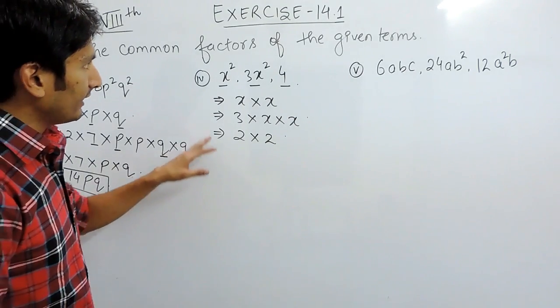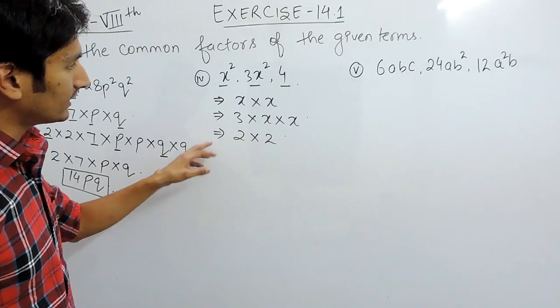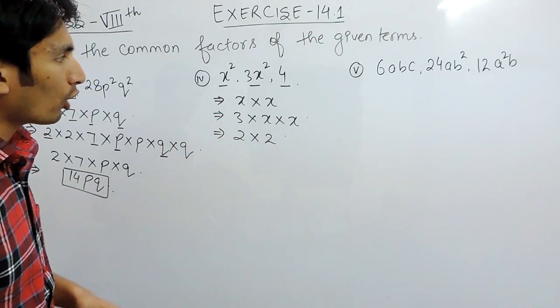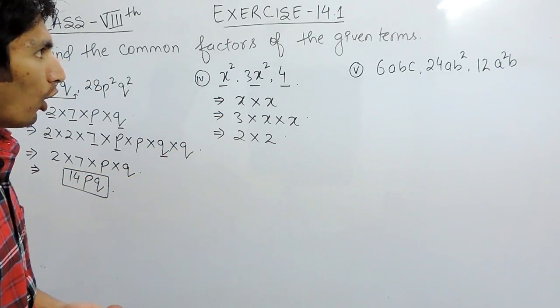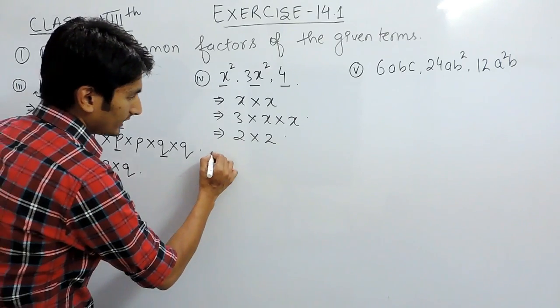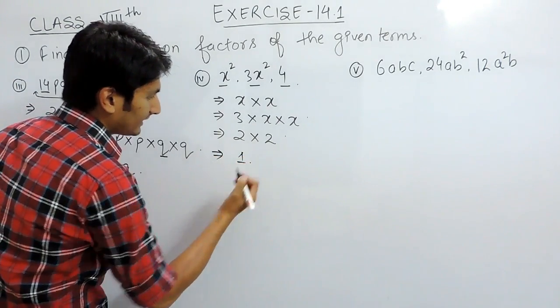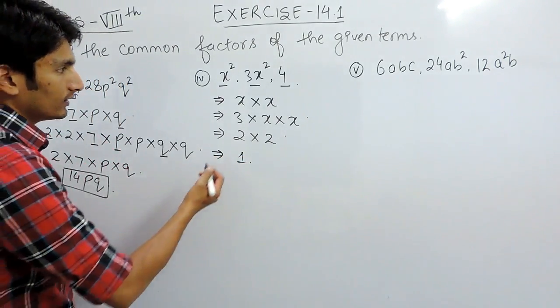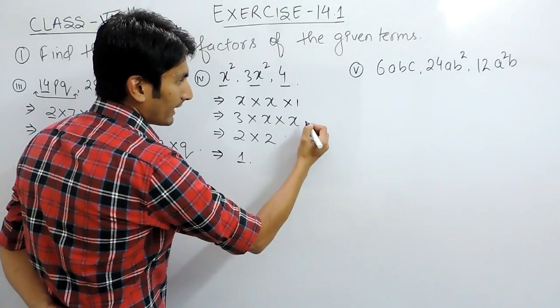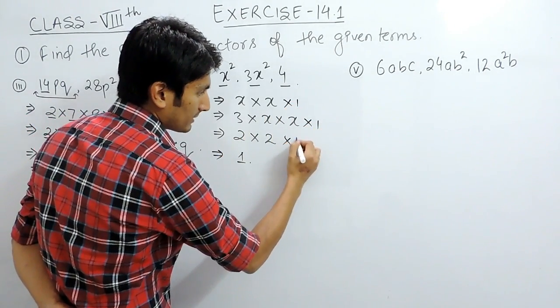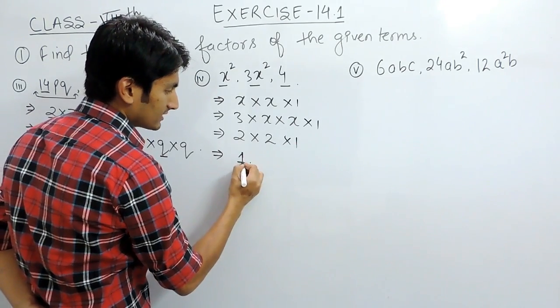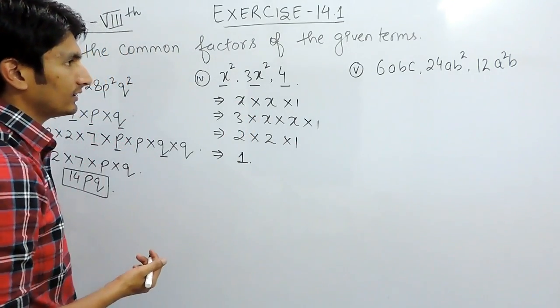So if we want to find the common factor, clearly there is no common factor in all of the three terms. So we can write it as 1, because each can be multiplied by 1. So 1 is the common factor for the three terms.